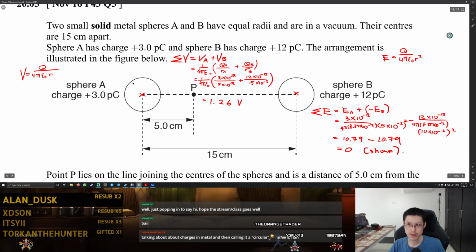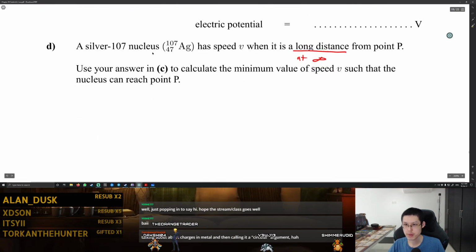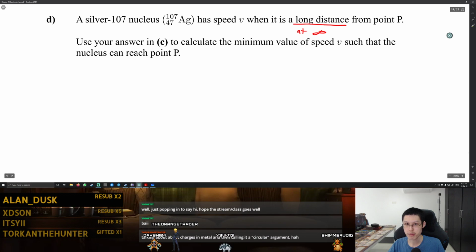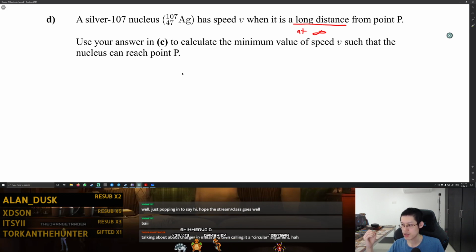So you're going to have to put in work to move the nucleus towards this region because they repel each other, right? Therefore, you need to have some minimum speed if you want to reach point P. Okay? So because the nucleus is going to slow down as it gets closer and closer to P because there is a repulsive force. So how fast does the nucleus have to be going in order to reach P? So it stops at P.